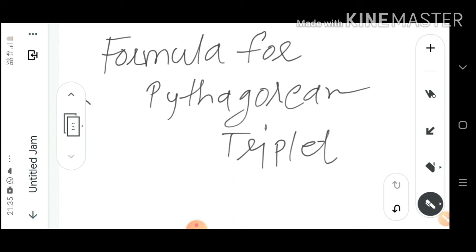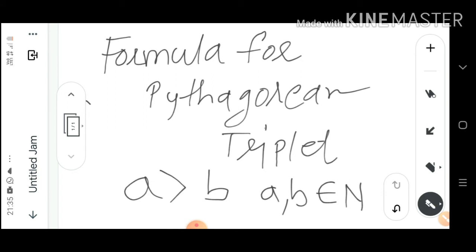Now let us see how to do this. In this, there is only one condition. The 2 numbers should be natural numbers. That means suppose A and B are 2 numbers. Let A and B always belong to the set of natural numbers. And A should always be greater than B.